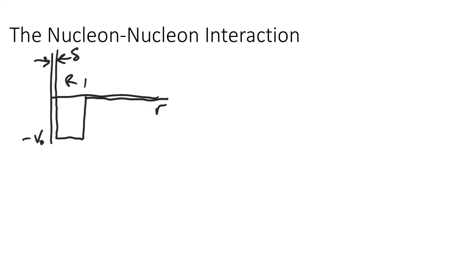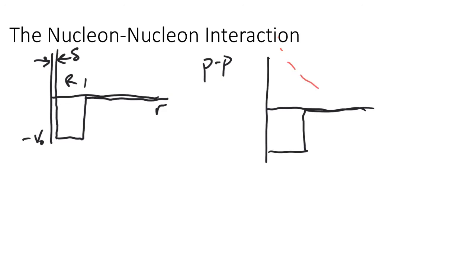Now we should note that for the proton-proton case, we have to take into account the electric field as well, the Coulomb potential. So if I start out with something that looks like this, I want to add to that this Coulomb potential.